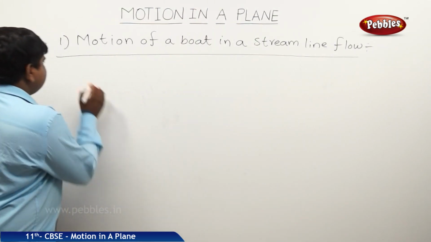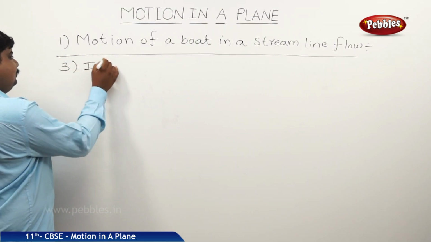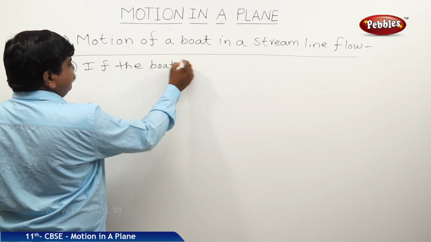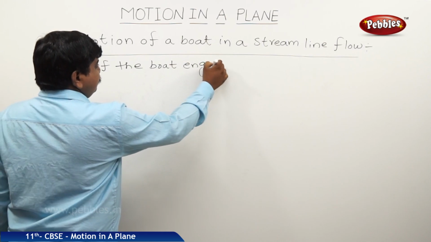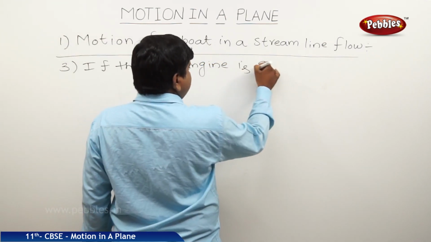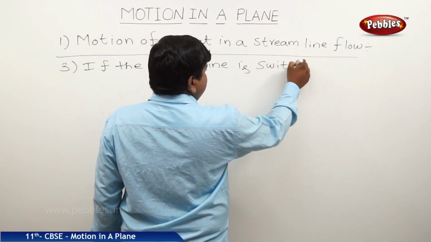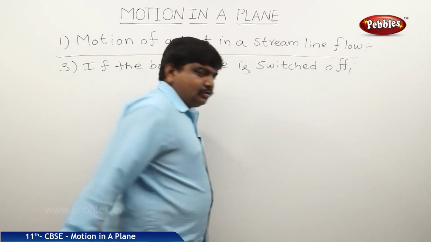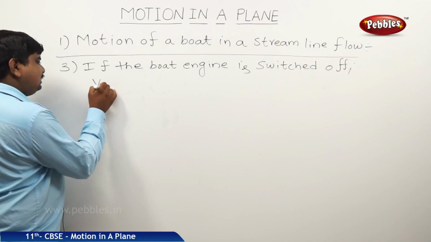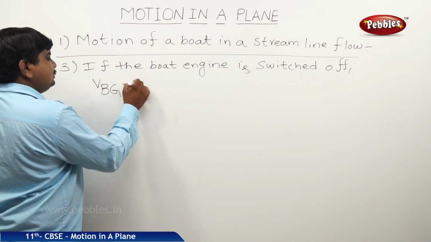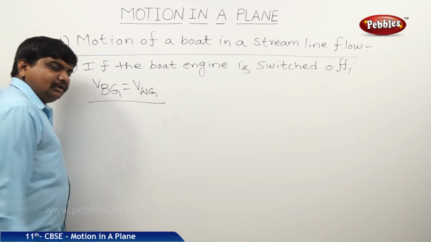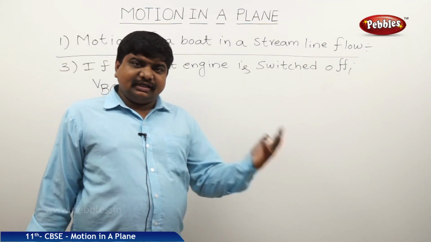The third case is, if the boat engine is switched off, then velocity of boat relative to ground is velocity of water relative to ground, because velocity of boat relative to water is 0.